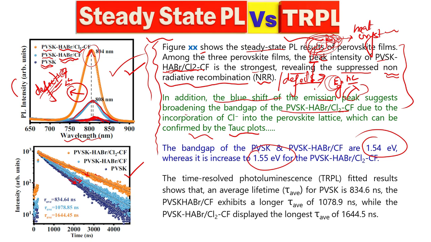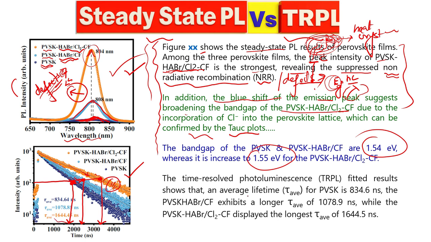How? I explain from my own terminology. For example, if I draw a line here, at this point on the x-axis we have the time. For the same intensity, you see the lifetime increases for these. So we can clearly see that this last sample has the longest lifetime.